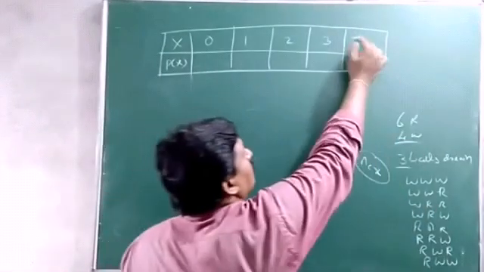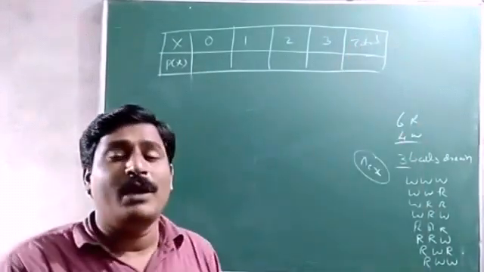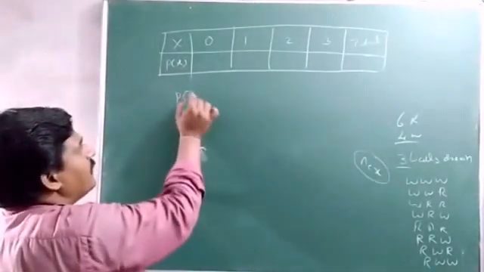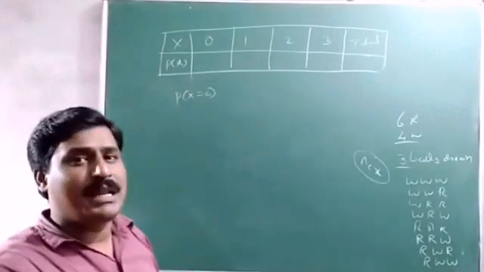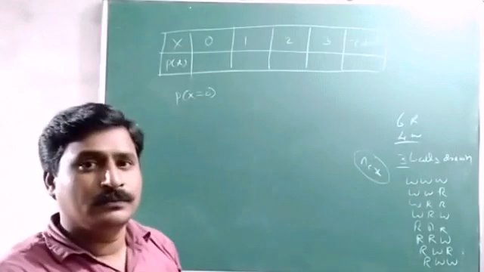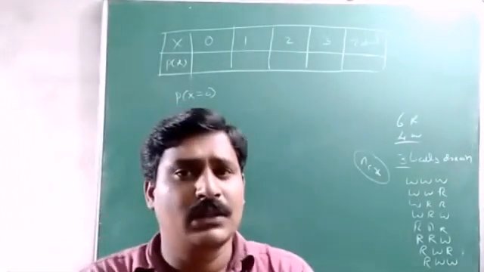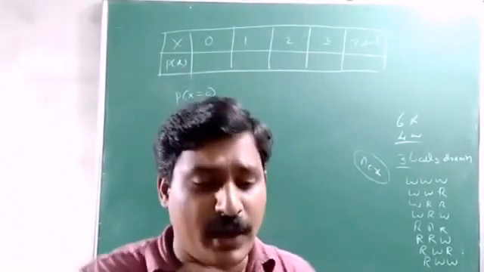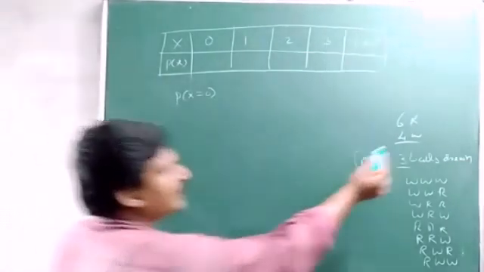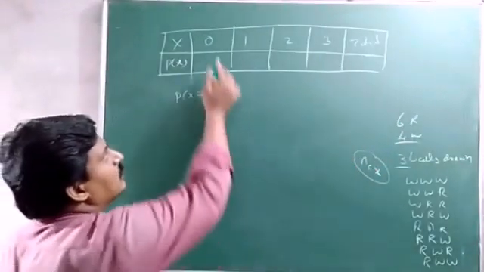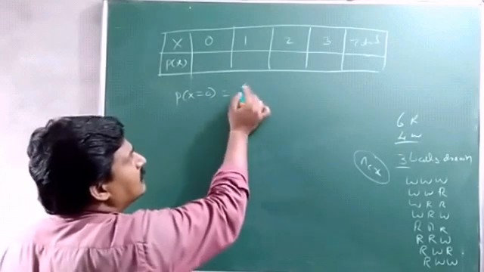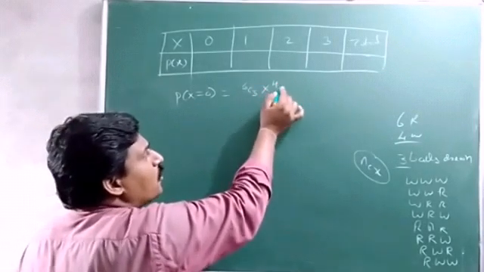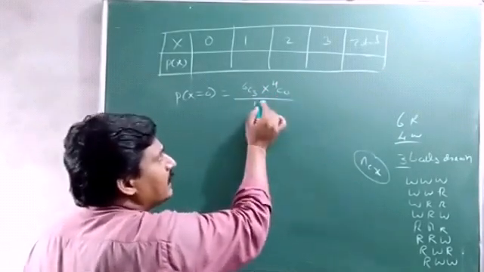Now what is the probability of getting 0 white ball here? That is P of x equal to 0. So when x is equal to 0, 0 white balls means all 3 are red balls. How many red balls are there? 6 red balls. So the probability is 6C3 into 4C0 divided by 10C3.